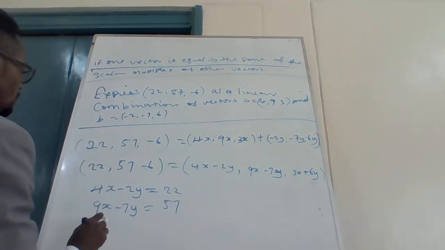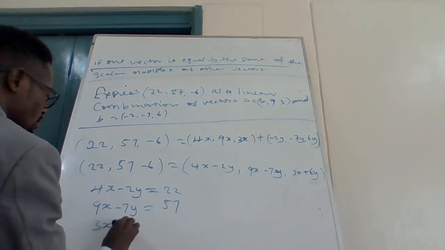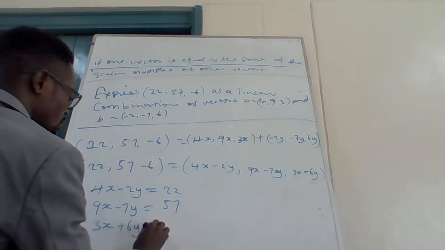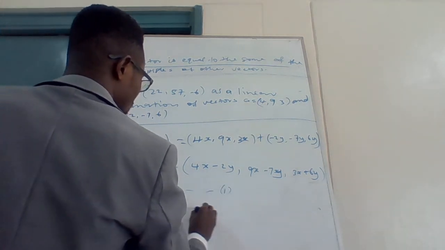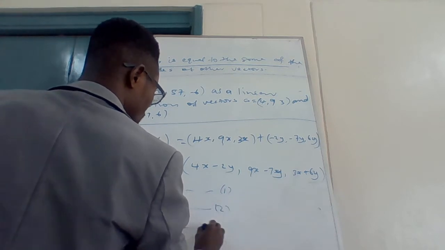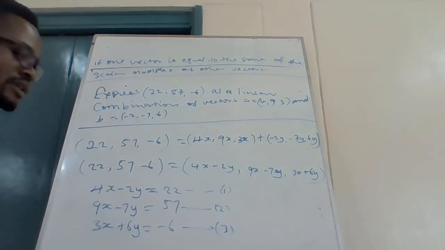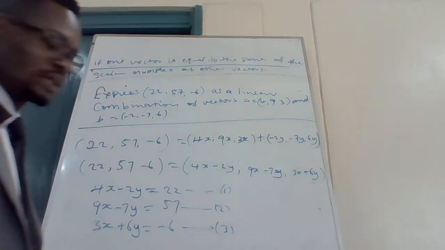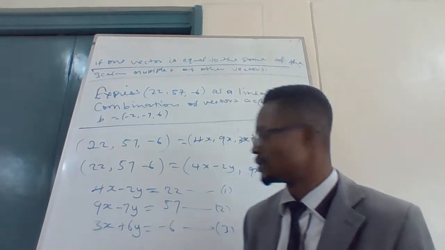The third one will be 3x plus 6y equals negative 6. This is our equation 1, this is our equation 2, and this is our equation 3. So now we can solve for the values of x and y in order to express those values as a linear combination of each other.